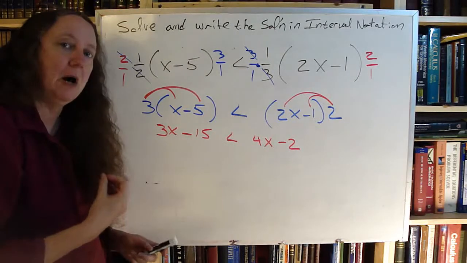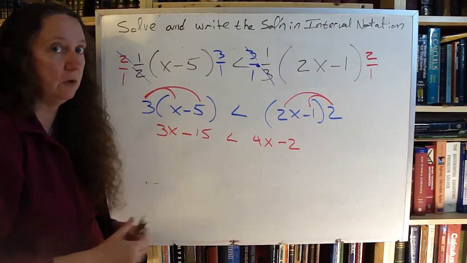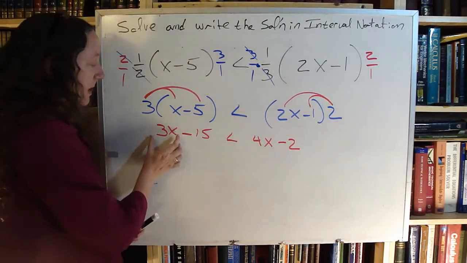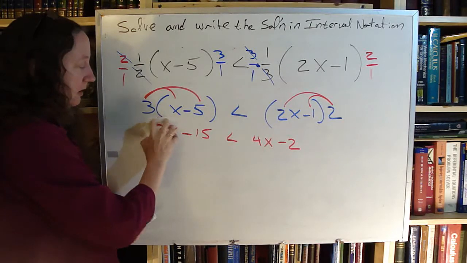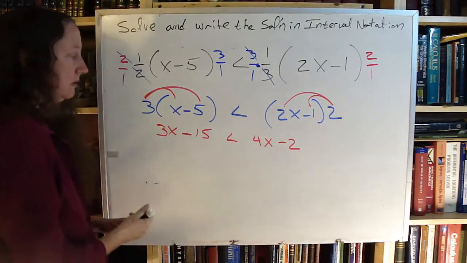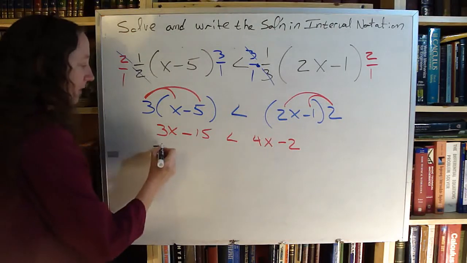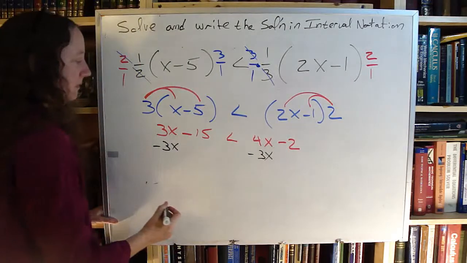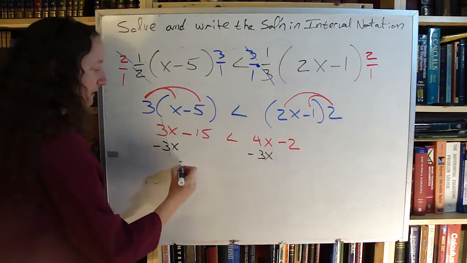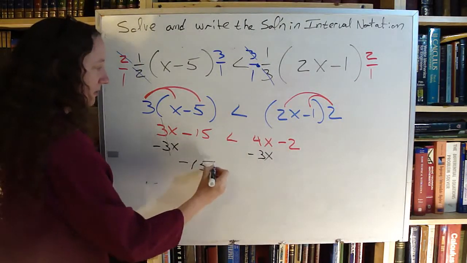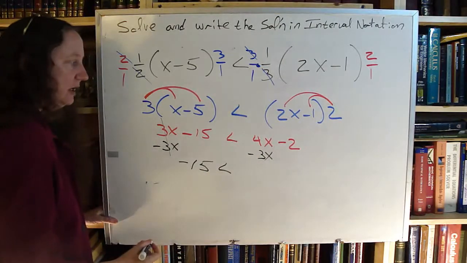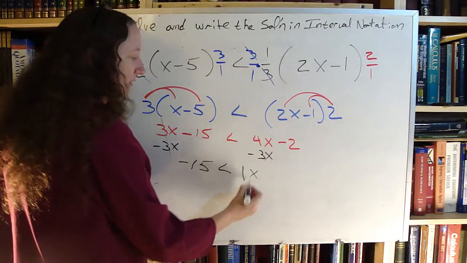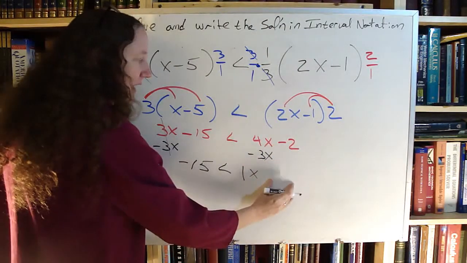I like positive coefficients much more than negative coefficients, so I'm going to take this 3 and move it over to here. So I am subtracting the 3x. That's canceled out. I have negative 15. I keep my less than sign. 4 minus 3 is 1. That has the x with it. And I carry down my minus 2.